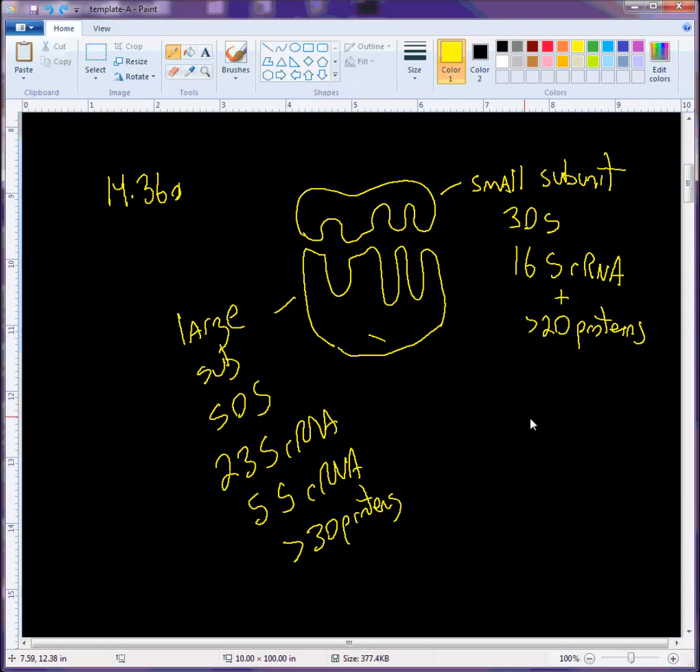So with this question right here, we are talking about a possible new antibiotic called evernemicin.